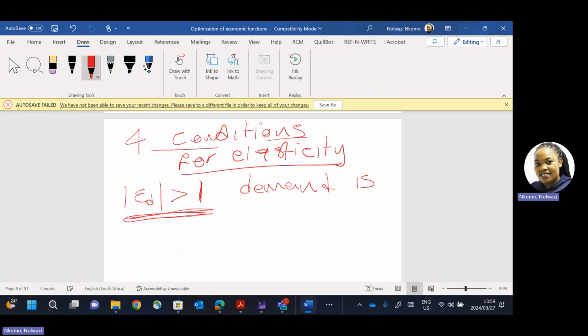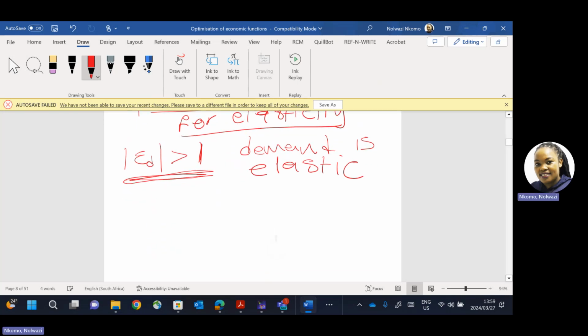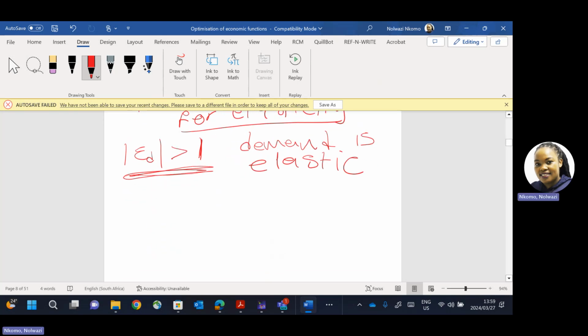Demand is elastic. Okay, and if the demand is elastic, this means if the price increases by 1%, the demand decreases by more than 1%. Okay, then we have another condition.